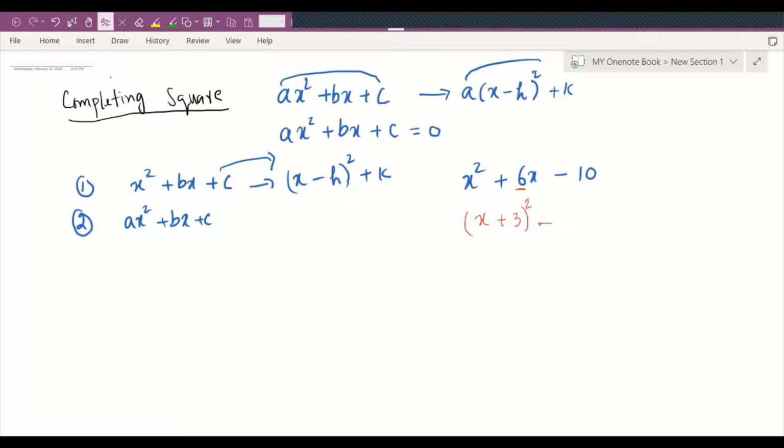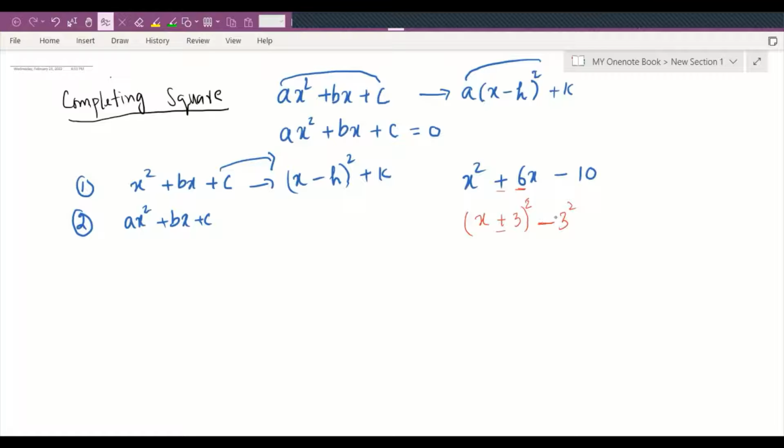Minus. We always have to subtract what we have written here. That means 6 divided by 2, we wrote 3 here, so we have to square it: 3 squared. If it was minus here, this would still stay negative anyway, whether it is plus or minus.